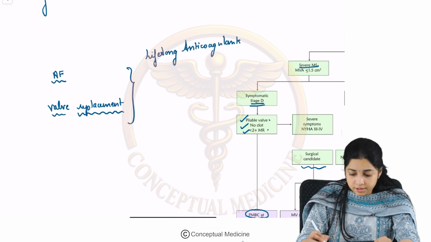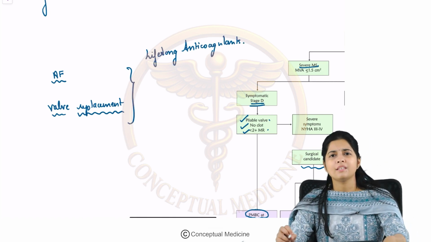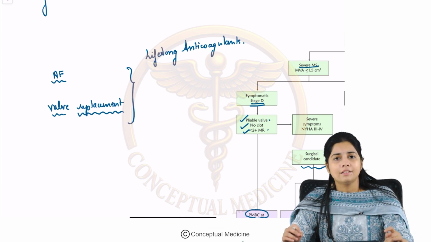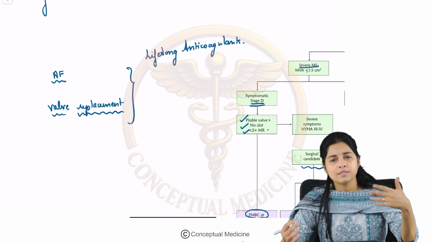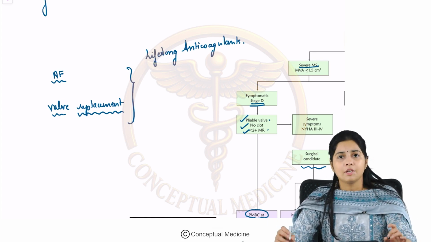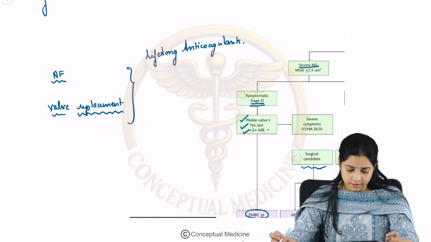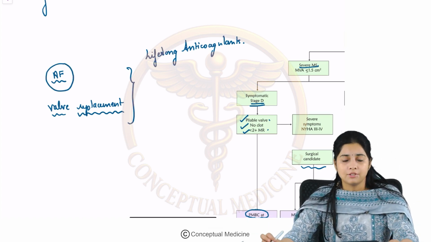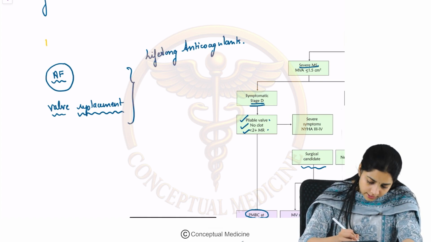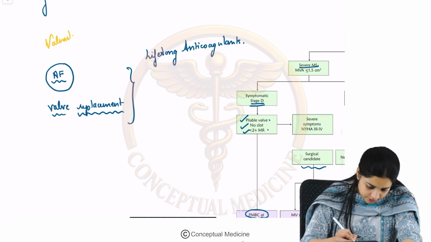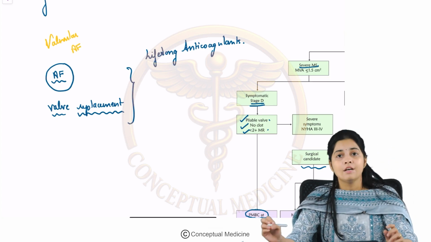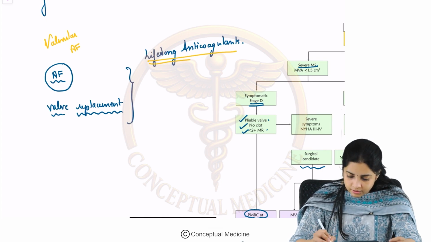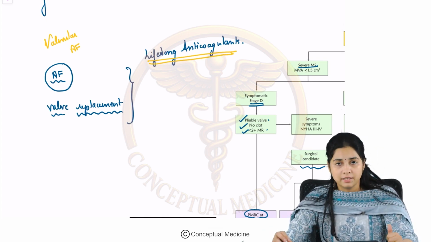Because atrial fibrillation and the presence of a prosthetic mitral valve predisposes an individual to a procoagulant state, and they can develop thrombosis and emboli, and that is the reason why the patient should be on lifelong anticoagulation. And this type of atrial fibrillation that develops in a patient of mitral stenosis is what we call valvular atrial fibrillation. This is what we call valvular AF. Okay, so this is the other aspect about management of mitral stenosis.